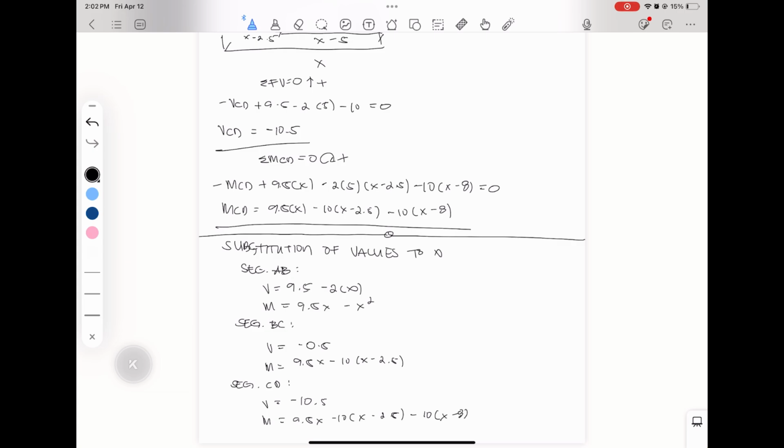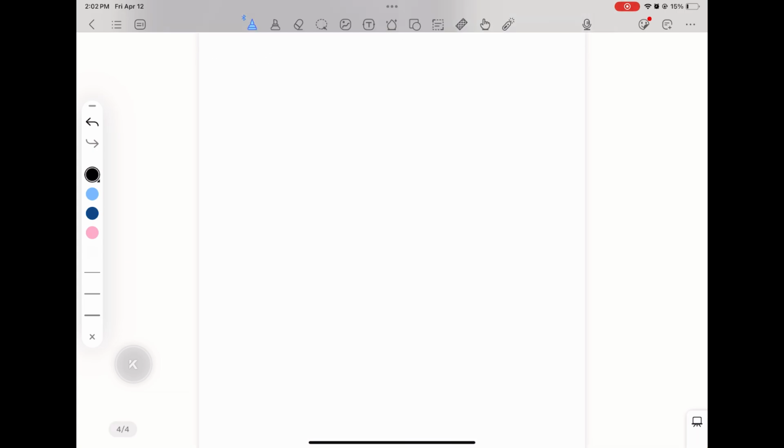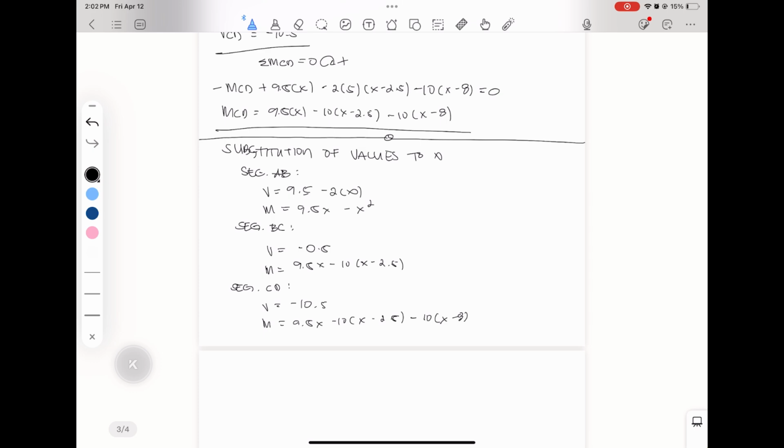Okay? So we just have to substitute the values. So for segment AB, it's 0 and 5. Wait, let me correct that. For segment AB, it's 0 and 5. For segment BC, it's 5 and 8. For segment CD, it's 8 and 10.